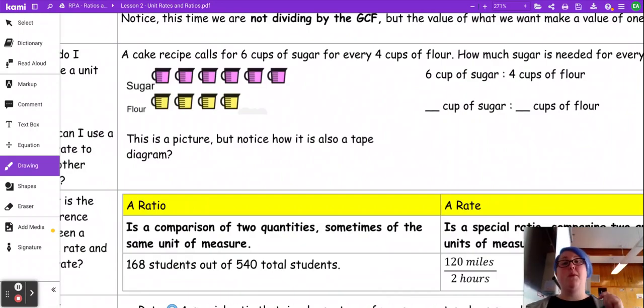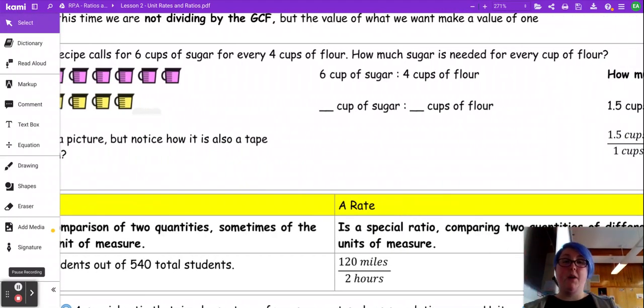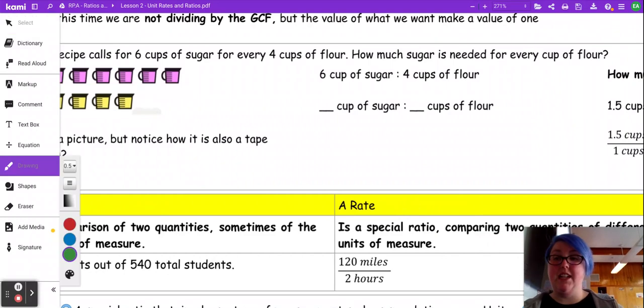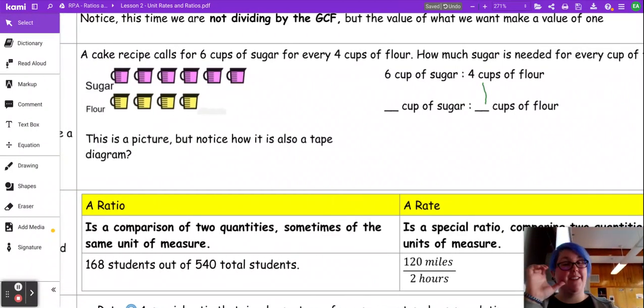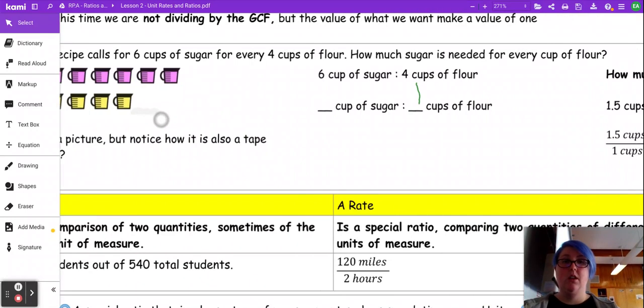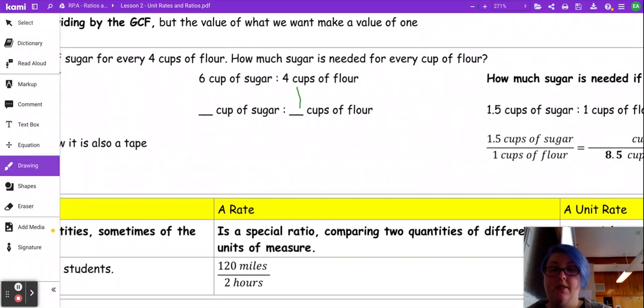So we have a cake recipe that calls for 6 cups of sugar for every 4 cups of flour. For every cup of flour, how much sugar is needed? So you'll see in this problem, here is the ratio as a visual. Here is the ratio written out with our colon. We could rewrite this. We're going to do our cross again.